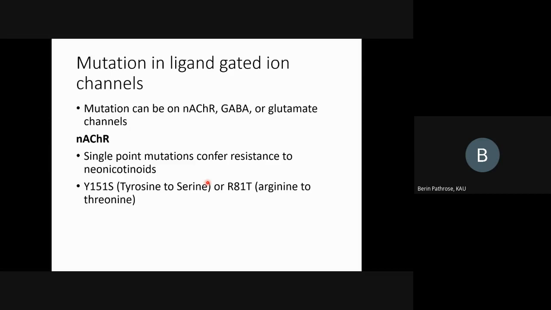So these mutations can happen on receptors of these ligands: nicotinic acetylcholine receptors, GABA-gated chloride channels, or glutamate receptors. Here, I am taking only a few examples.